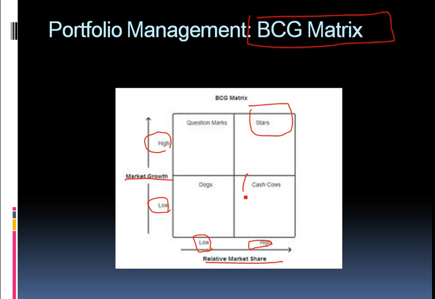But the other, cash cow: even though you are very competitive and you take a big market right now, the market growth is not so attractive. That is a cash cow. Question mark is when the market growth is very high, but your position right now is not so good.